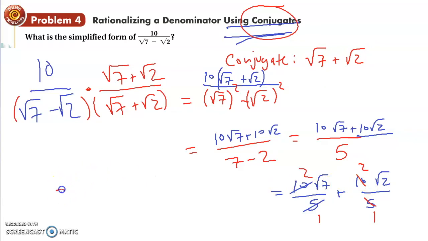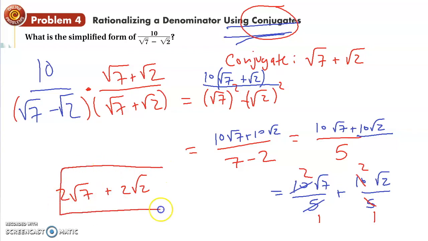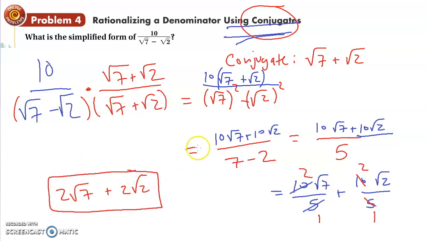So it looks like my answer is going to be 2 square root 7 plus 2 square root 2. There you go.